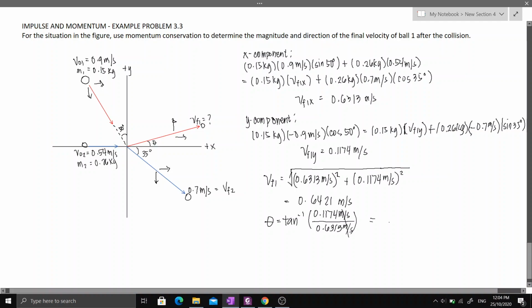Units cancel, and theta is equal to 10.53 degrees.